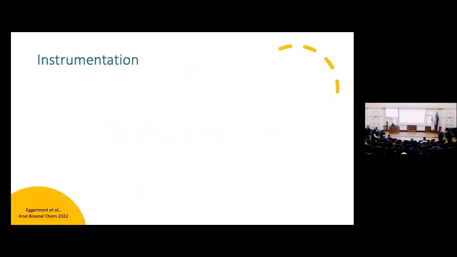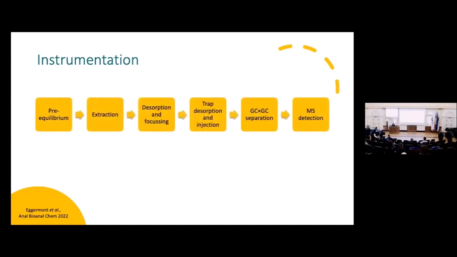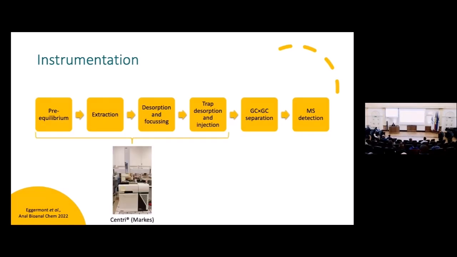So let's talk a bit about the instrumentation. We applied a first sample preparation by Centri from Markes, which is a sorbent extraction with either SPME or iSorb. The particularity is that we focus everything on a trap in order to release everything in a single shot in the GC.